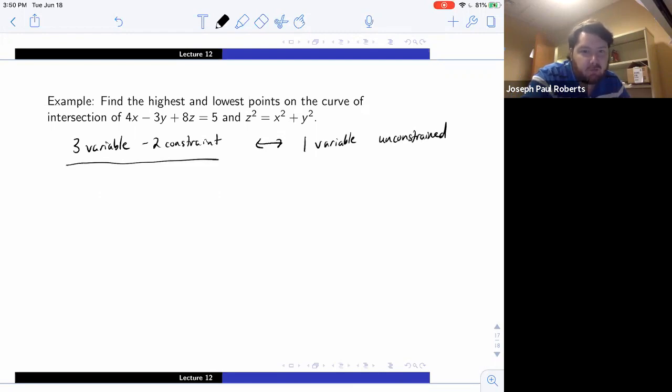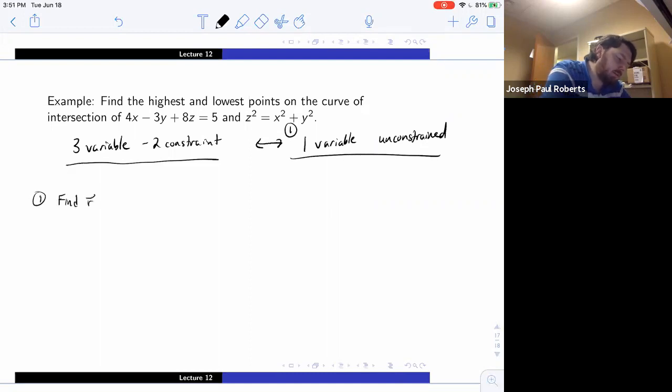So one way to interpret this question is, and I'll put this as a 1, if you wanted to approach it like this, we could find r of t for the curve of intersection.